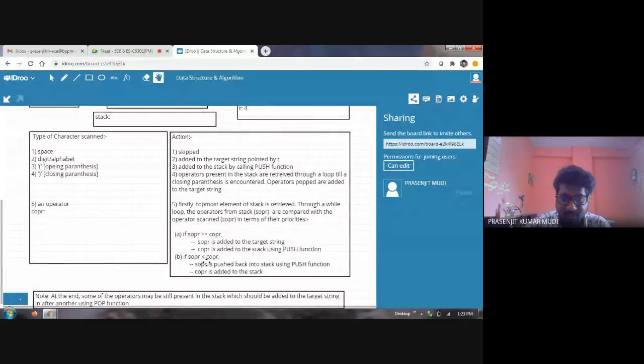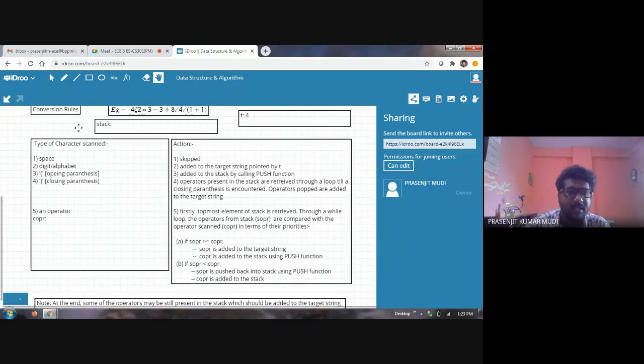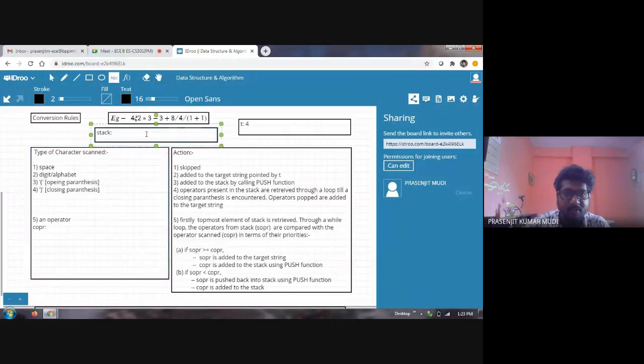So this is correct. What will happen? SOPR is nothing, so the push back of SOPR into the stack is skipped because the stack is empty, and then simply COPR is added to the stack. As per the rule, just apply the rule and follow the rules.